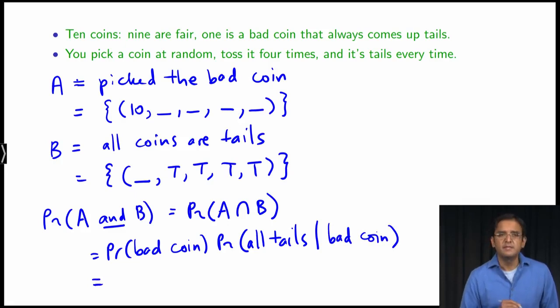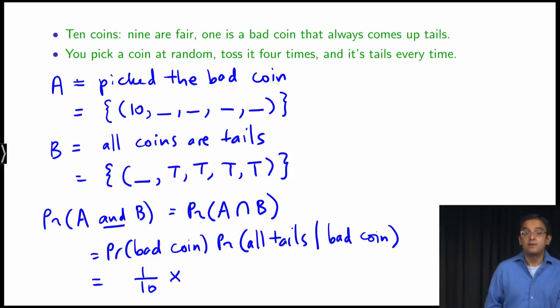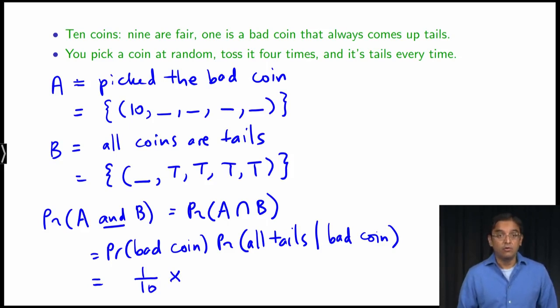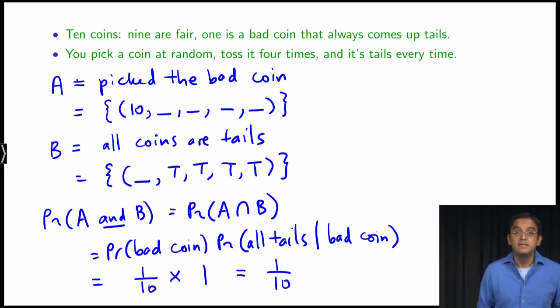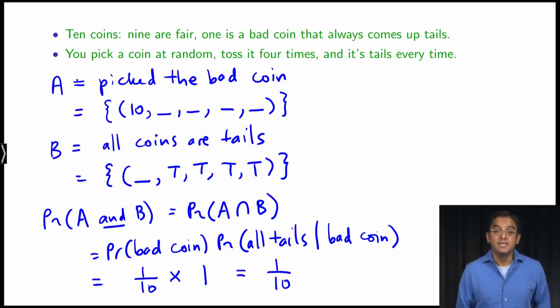Okay, so the probability of picking the bad coin is 1/10, since there's 1 bad coin and 9 good coins. And once we pick the bad coin, the probability that all 4 tosses are going to come up tails, that is 1. Okay, so the probability that both A and B happen is 1/10.